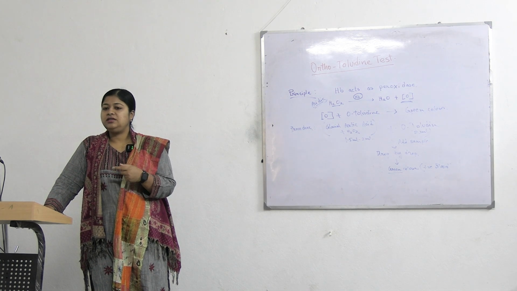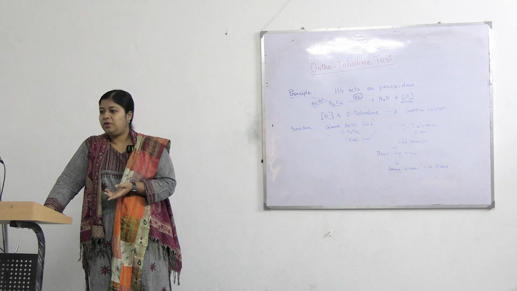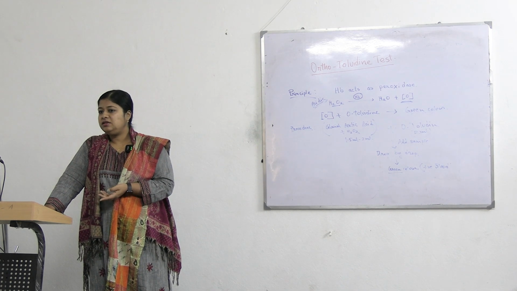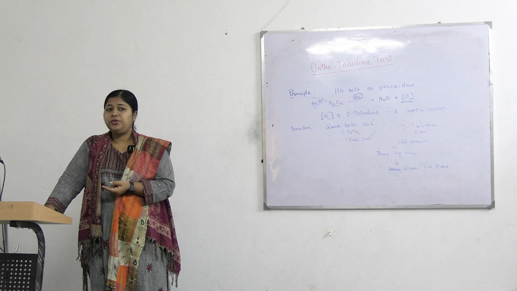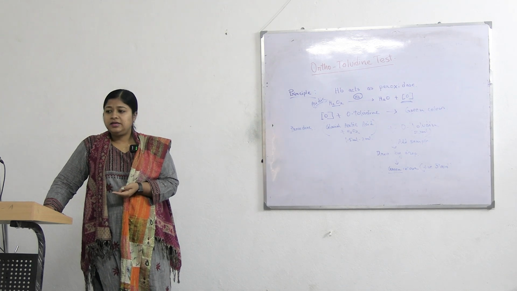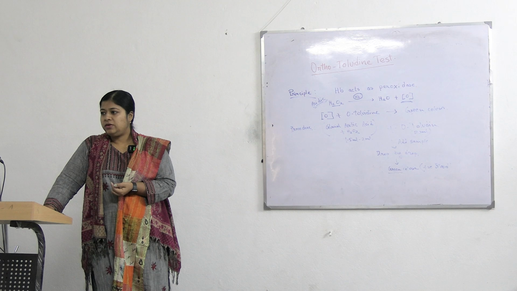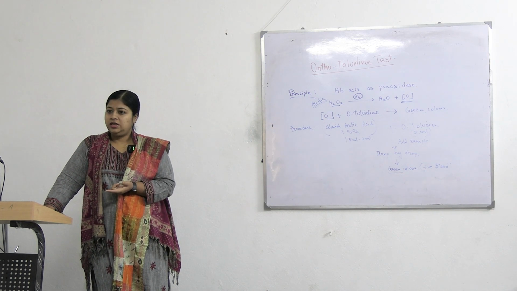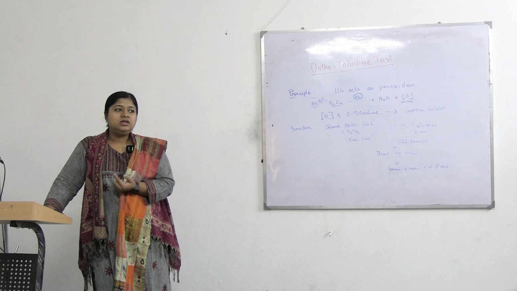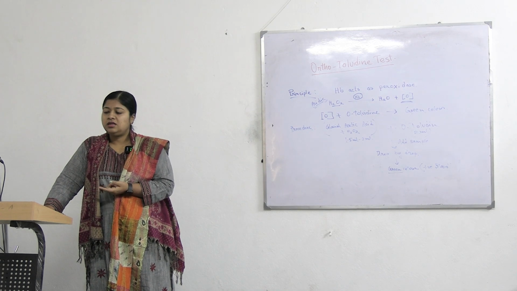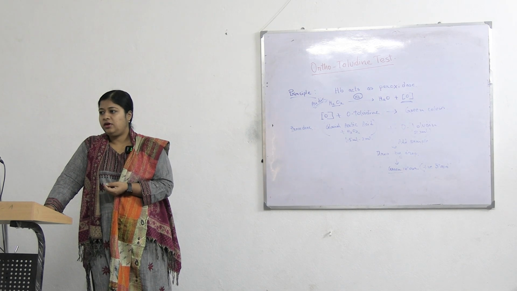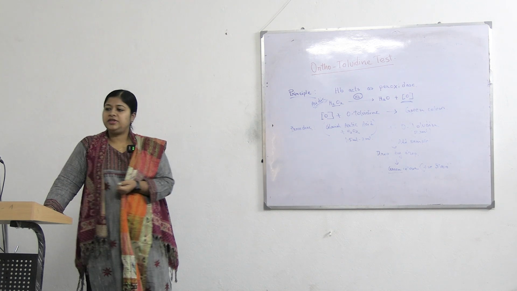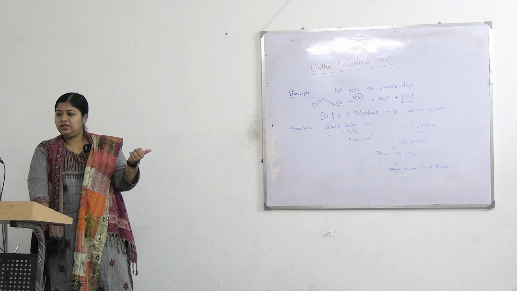If we don't get the proper history from the patient, and the patient is passing red urine, and if they take food pigments in larger quantities like beetroot or berries, they can pass reddish urine. So reddish discoloration of urine is not significant for hematuria. That's why, to differentiate, we need to test it chemically.